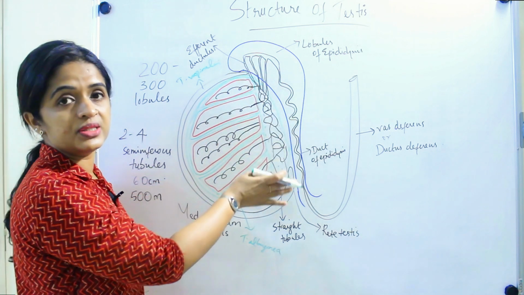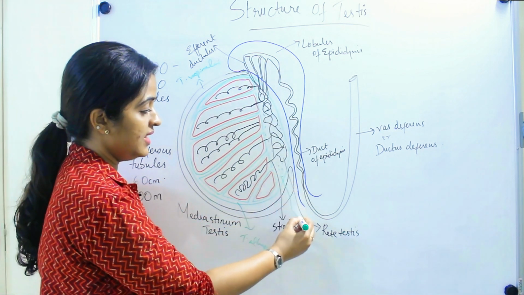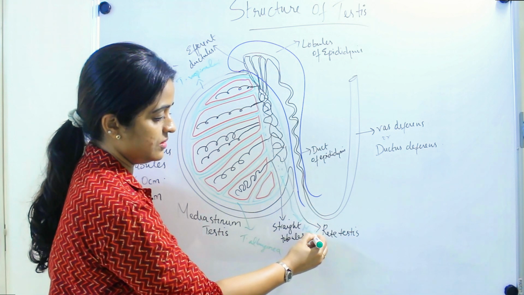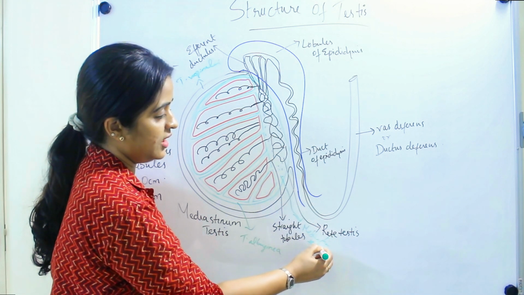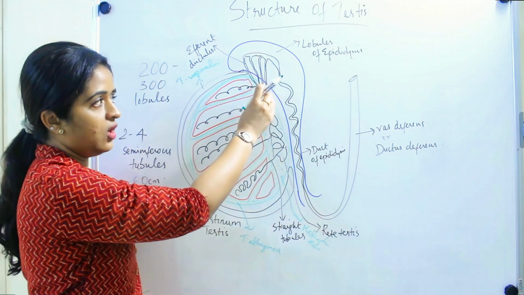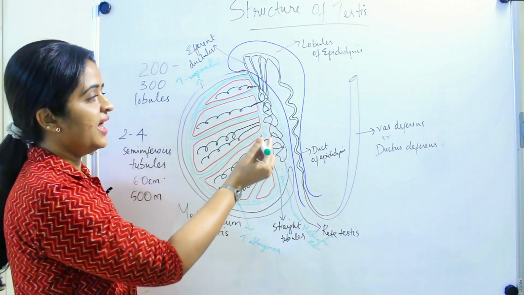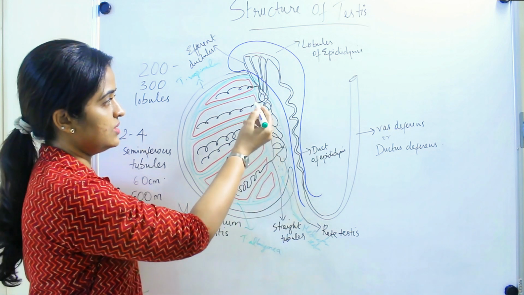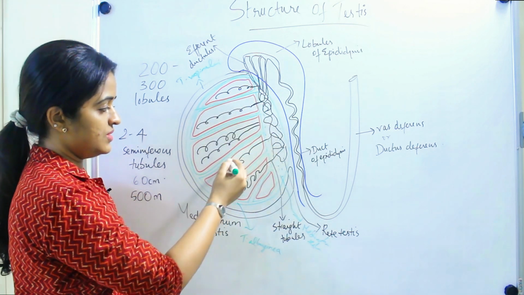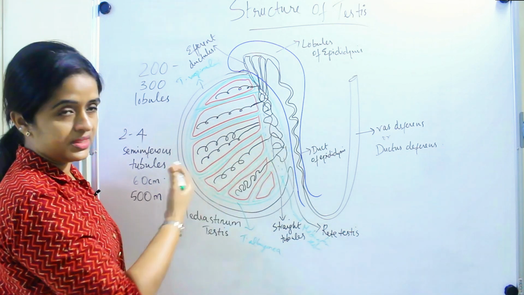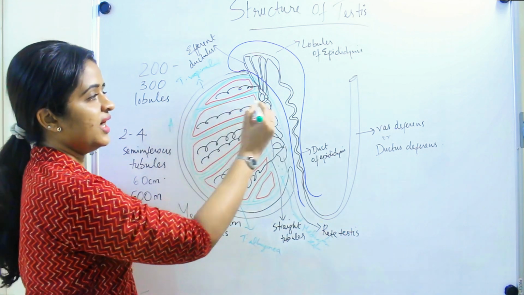forms a fibrous septum known as the mediastinum testis. This is the mediastinum testis, a thickening of the tunica albuginea seen on the posterior aspect. From this mediastinum testis, you can see many incomplete fibrous septa going towards the anterior aspect. This is anterior and this is posterior.